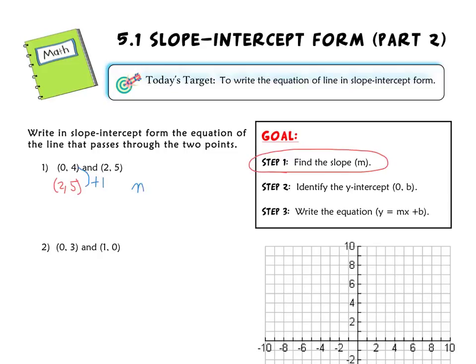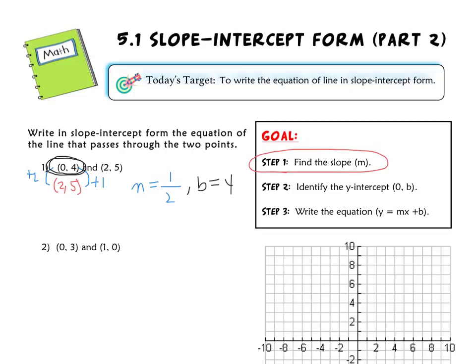So m is equal to 1 over, and then 0 to 2 means that it's going up 2, so therefore my slope is now 1 over 2. Okay. Then, in the previous section, we learned that the point that has the 0 tells us what b is. So therefore, b is equal to 4.